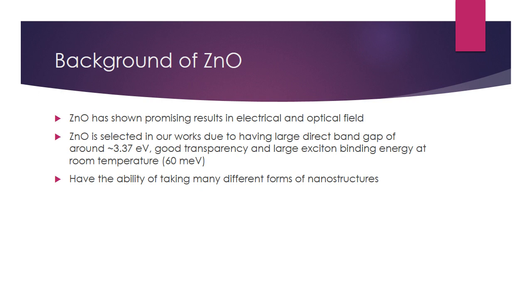Due to all of the advantages it provides, zinc oxide is selected as the semiconductor in this project. Besides, zinc oxide has shown some promising results in electrical and optical fields such as photodiodes and LEDs.